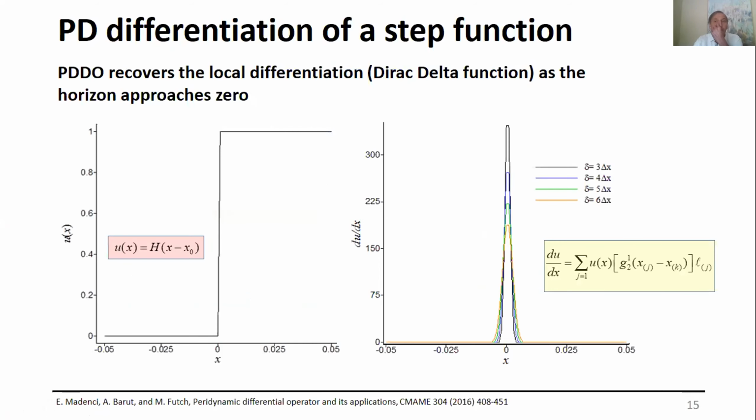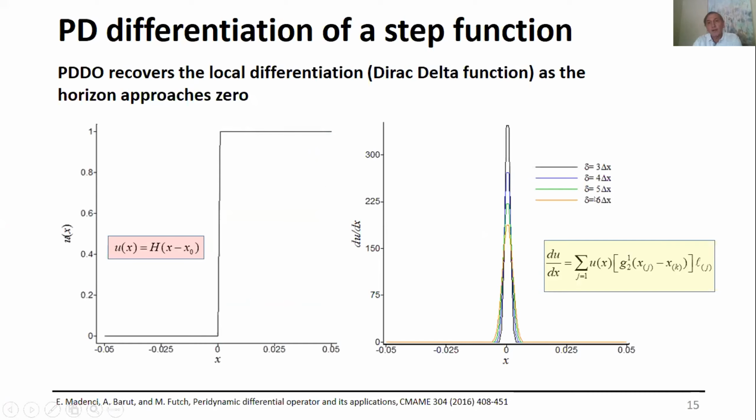So here's an example of a peridynamic differential operator. If you are interested in taking the derivative of a step function, we know that the local differentiation is going to give us a direct delta function. So here basically, this is my peridynamic function, and I'm truncating the Taylor series after the second order terms, and I'm interested in first order derivative.